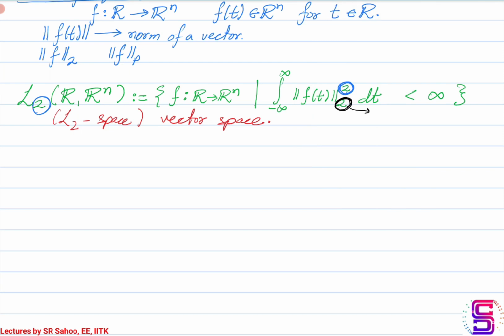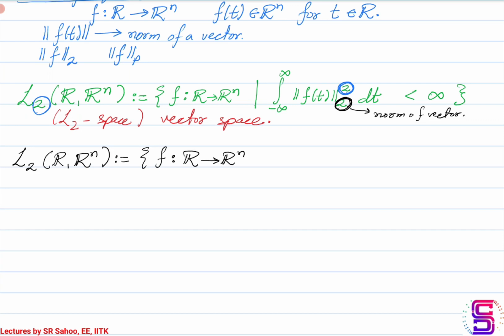This is just a norm of a vector, and it can be any value. For example, if I say L2 from R to Rn, such that f is a function that maps R to Rn such that the integration from minus infinite to infinite of the infinite norm of f of t squared dt has to be less than infinity.